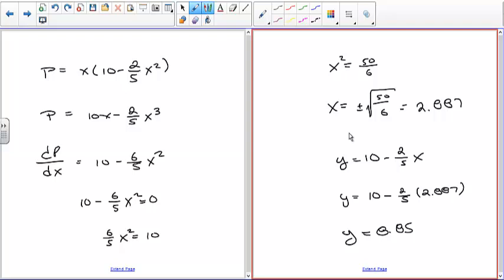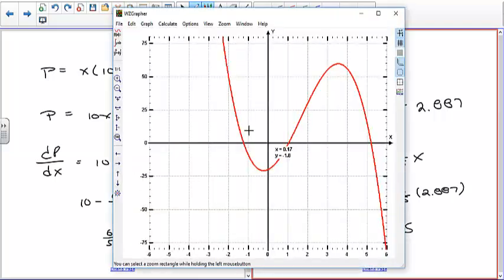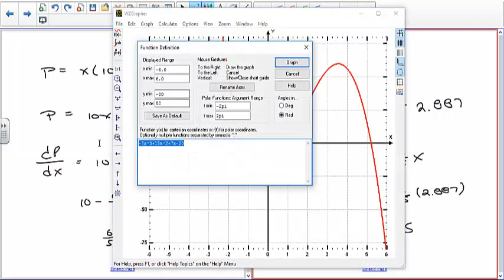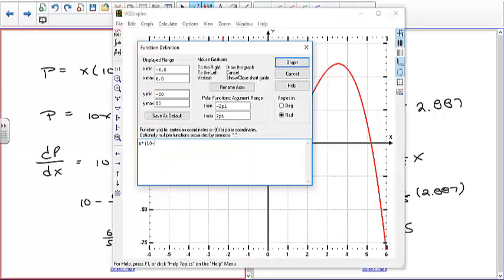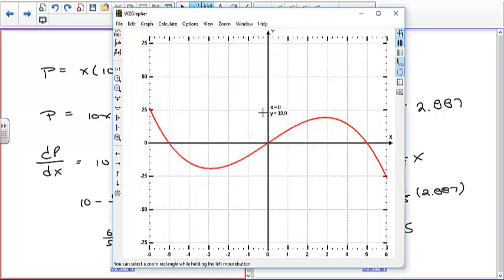We could do that, but let's plot the original function here in terms of one variable. So what we're going to do is take x times 10 minus 2/5 x squared, 2 divided by 5 times x squared. Plot that, and you can see what that looks like.